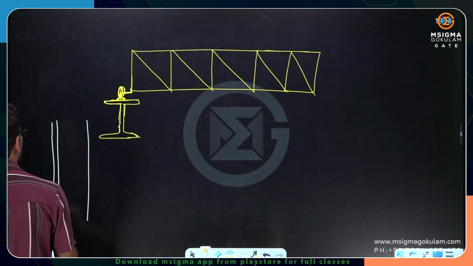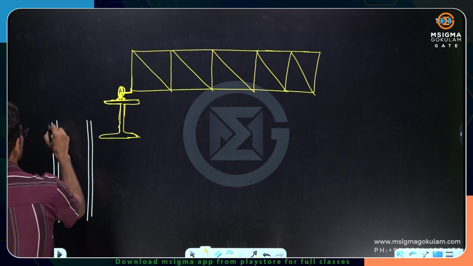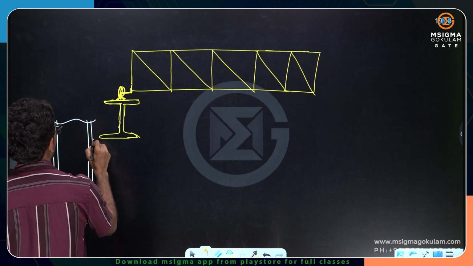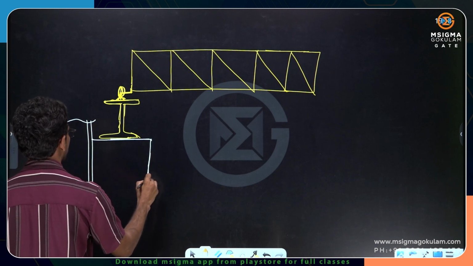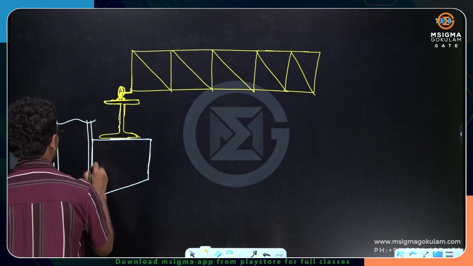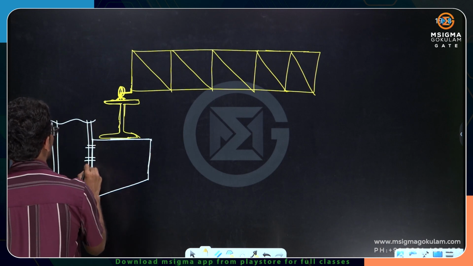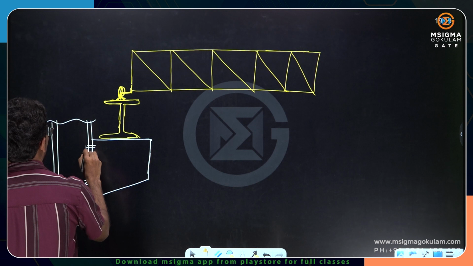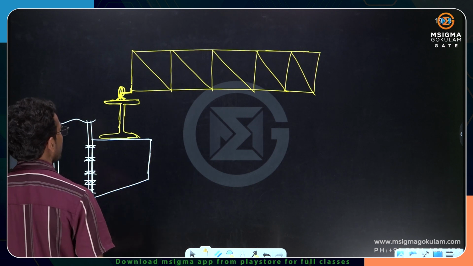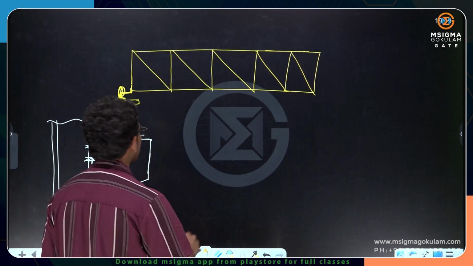See here, this is the column section, this is also the column section, and this is the gusset connecting plate member. We have connections like this. Now understand, dear friends, this is the crane.